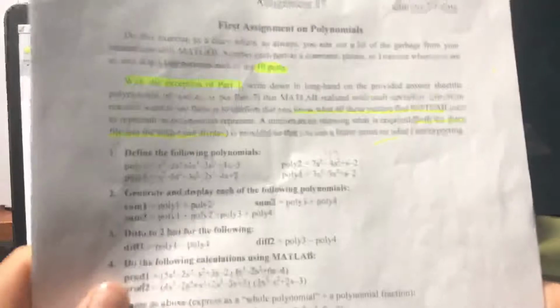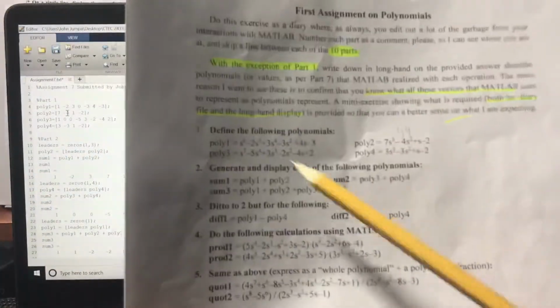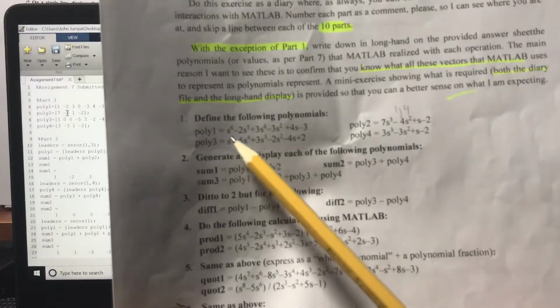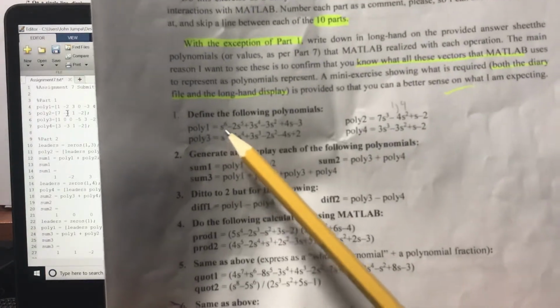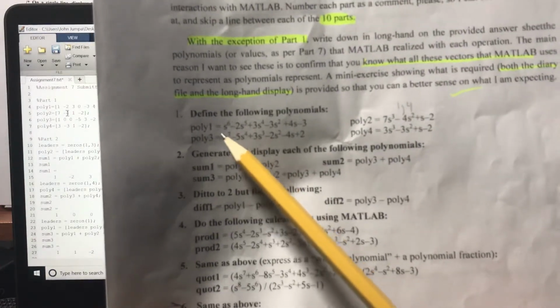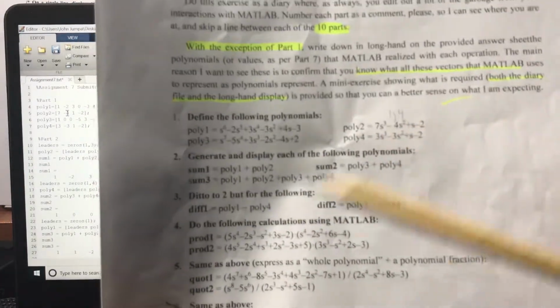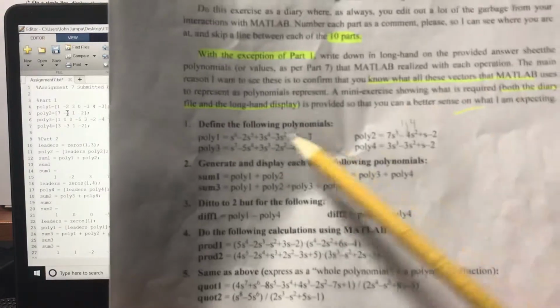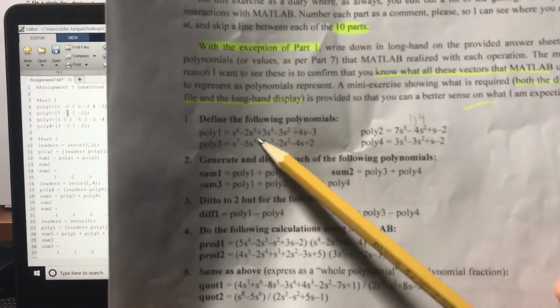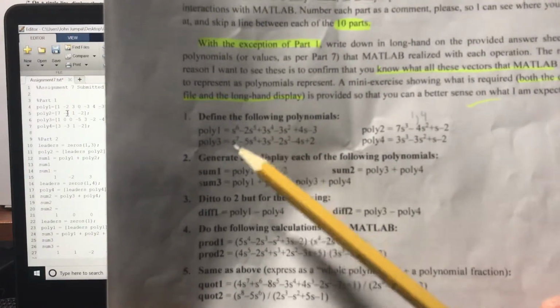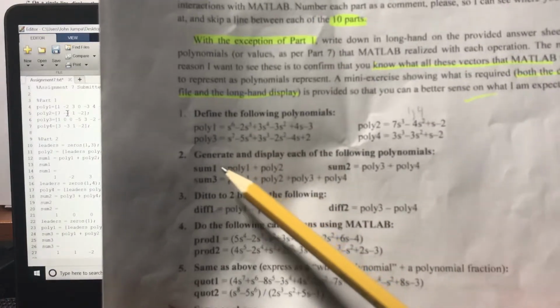Where I got 1 and minus 2 is, as you see here in this polynomial, the number right next to the s is 1. If there's no number right next to the variable, it's always going to default to 1. For the s to the 5th, it's times minus 2.